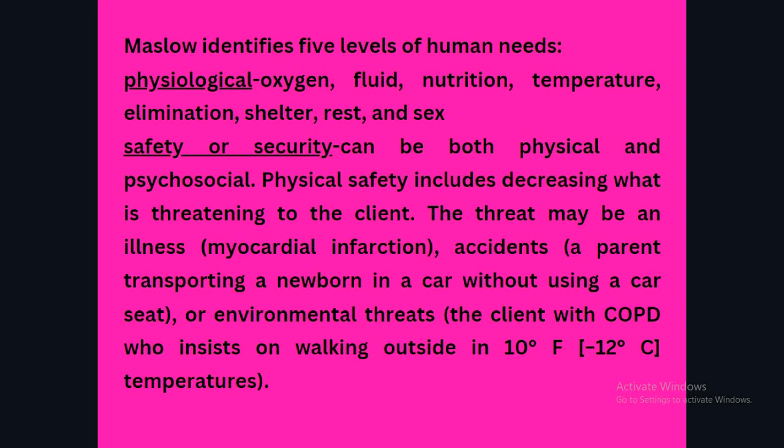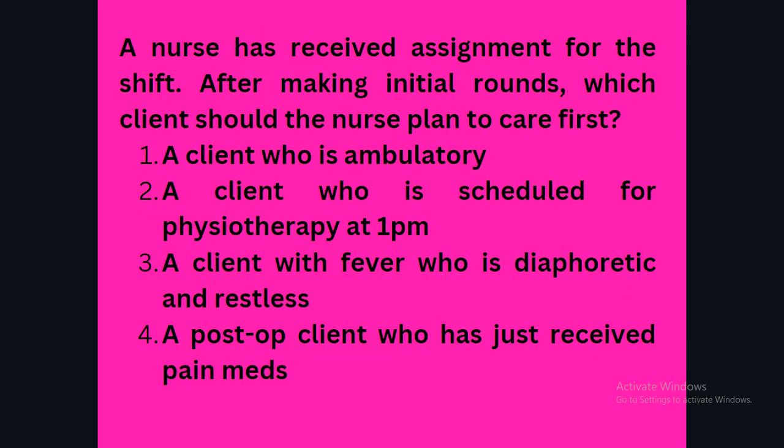A threat may be illness, like myocardial infarction, accident, a parent transporting a newborn in a car without using a car seat. That is a physical threat to physical safety. Or an environmental threat, like a client with COPD who insists on walking outside in 10-degree Fahrenheit, that is minus 12-degree centigrade temperatures, which could be a trigger for his difficulty in breathing.